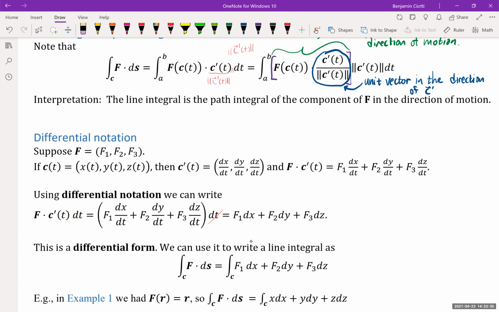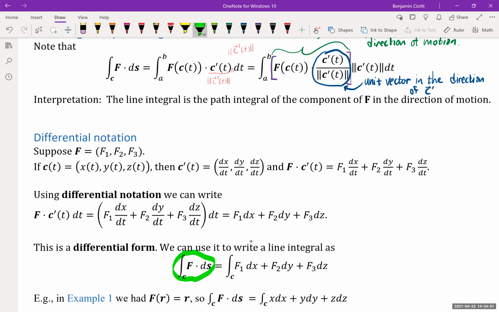So that's how we get an expression like this. This is called a differential form. Okay, it's important in differential geometry, which this class is kind of like a preview of. So you'll occasionally see it written in this class, and you can use it to rewrite a line integral.